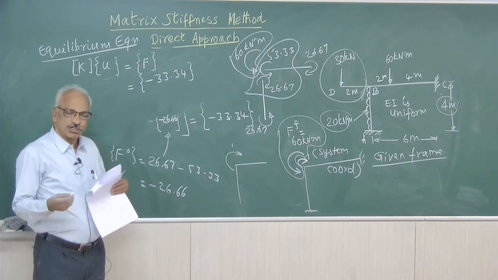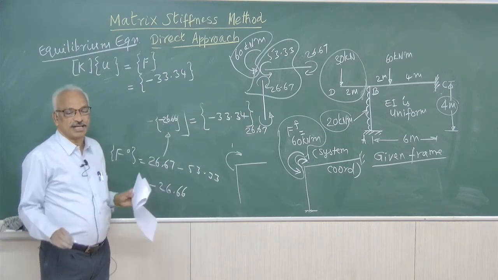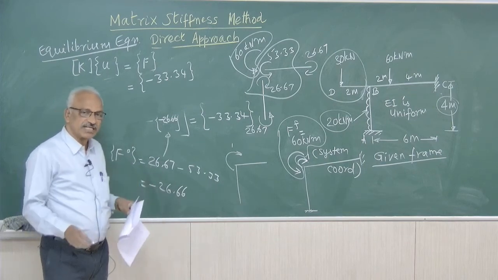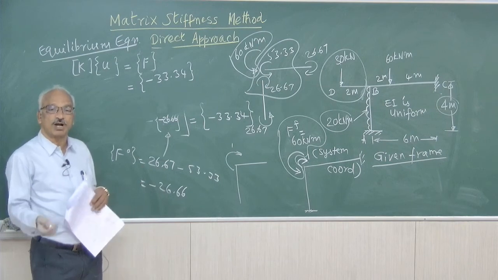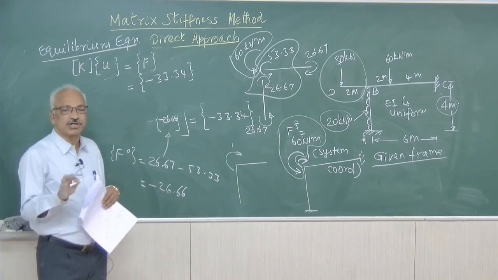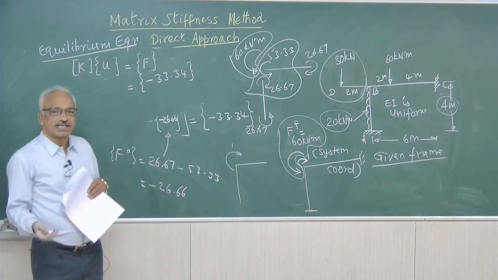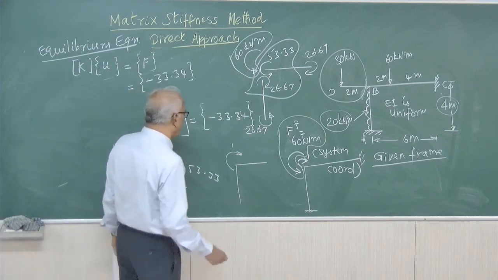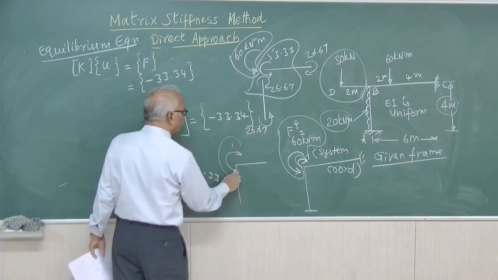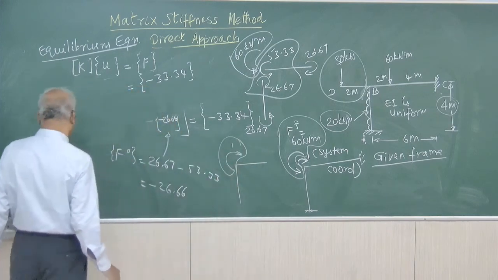Therefore, the force vector will be 1 by 1 only. Similarly, the stiffness matrix will also be only 1 by 1, because the kinematic indeterminacy is equal to 1. Therefore, the K matrix will also be 1 by 1. There is only one value, because there is only one system coordinate.